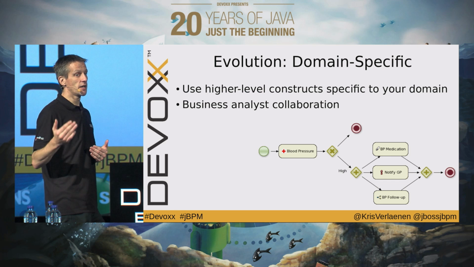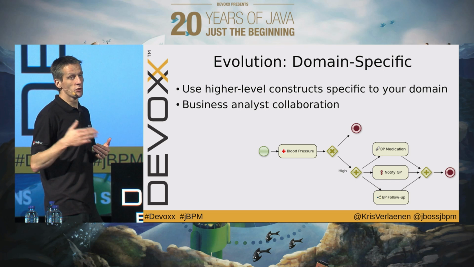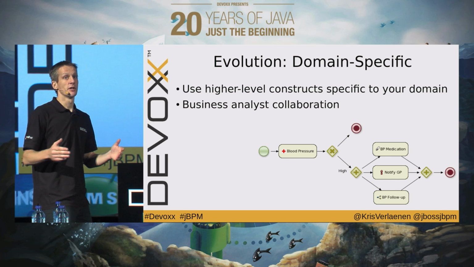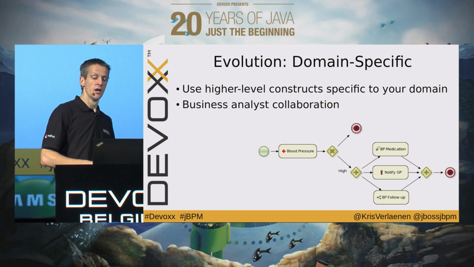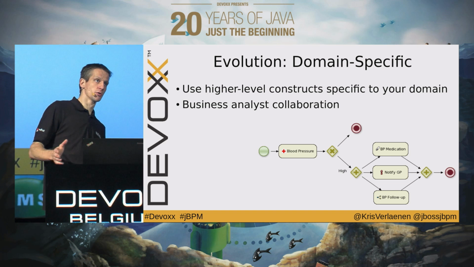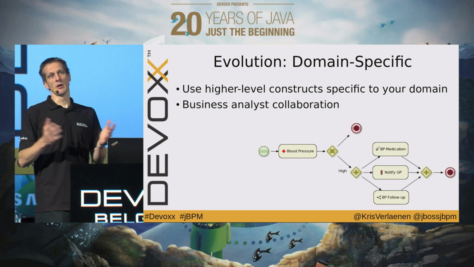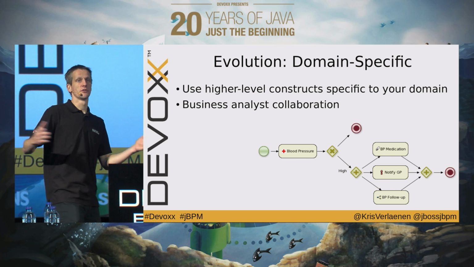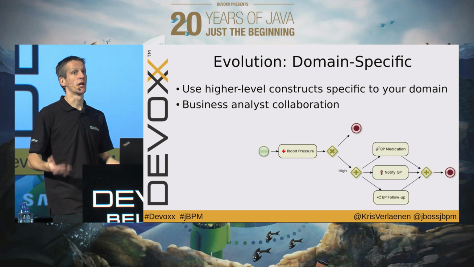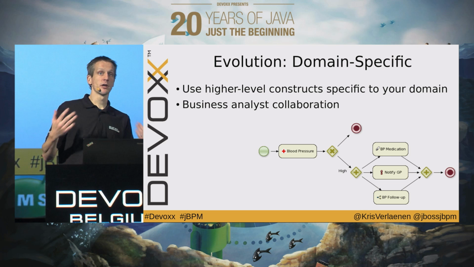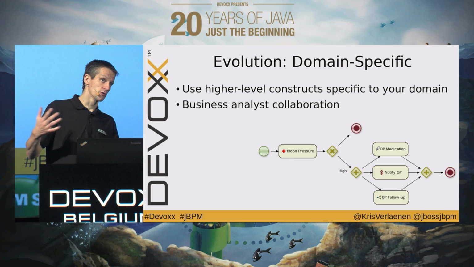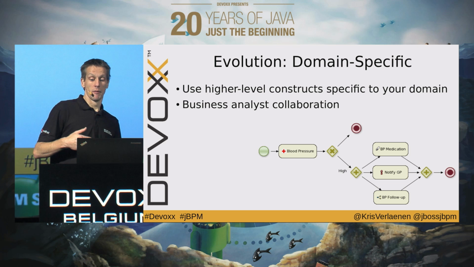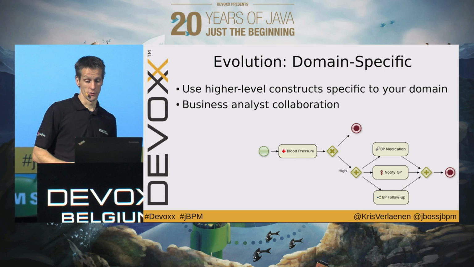Note that I'm not saying that we believe you can get rid of all your developers and have your business users all of a sudden implement all the logic themselves, because implementing an executable process with all the data passing, integration with external services, etc., is still a fairly complex problem. But they can participate, they can look at the results, they can possibly update in a constrained environment, etc., and they can understand the end result.